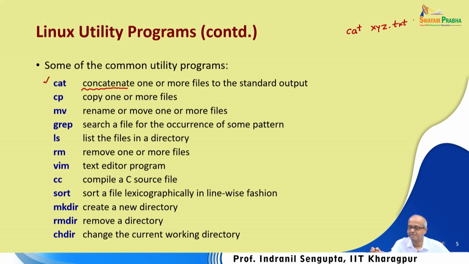So, what will happen? This file xyz.txt, whatever is the content, that will get displayed on the screen. That is our standard output. So, it is called concatenate. Concatenate this file onto the screen. If I want more than one file, I can also do that, xyz.txt, abc.txt. So, one after the other they will get displayed. So, one or more files you can display on the screen on the standard output.